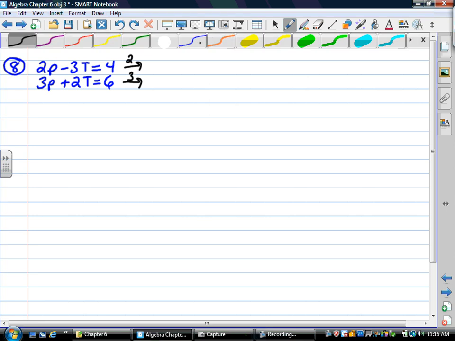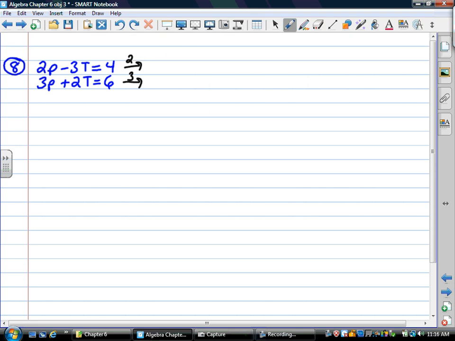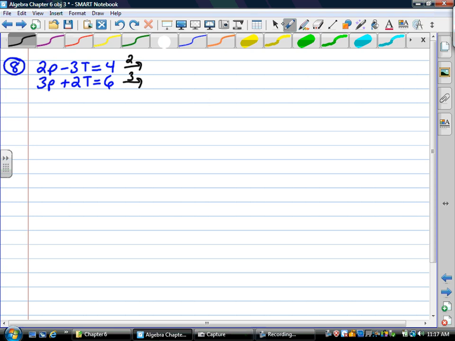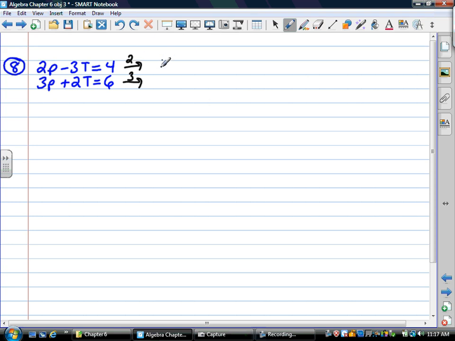So here we have to multiply both equations by some number. Let's see what happens. 2 times 2p is going to be 4p. 2 times negative 3, negative 6t, and that's going to be equal to 8. 3 times 3p is going to be 9p. 3 times 2 is going to be 6t.